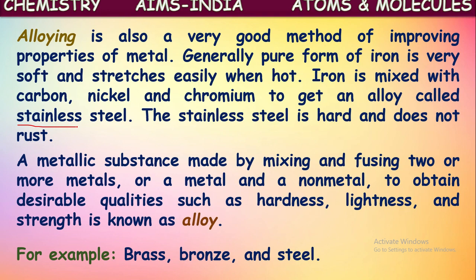For example, brass is an alloy of copper and zinc. So when copper and zinc are melted and mixed, they form an alloy called brass. And bronze is an alloy of copper and tin. And just now you have seen steel is an alloy of iron, nickel, chromium, carbon, etc. These all mixed form steel. These all are called alloys.